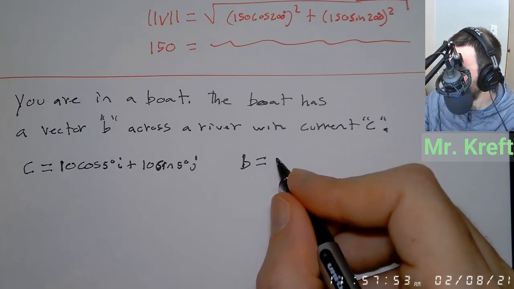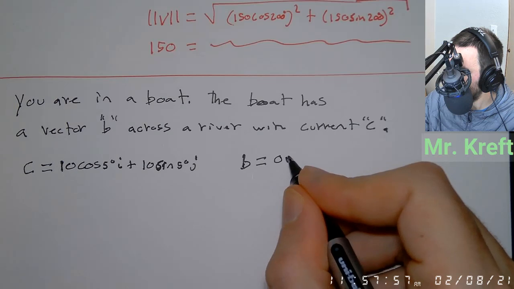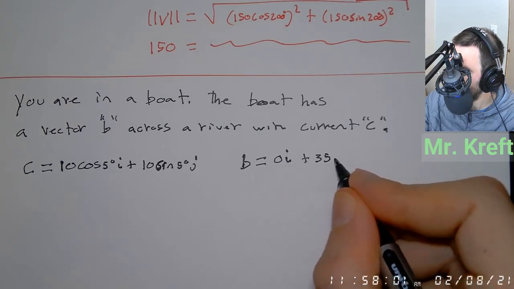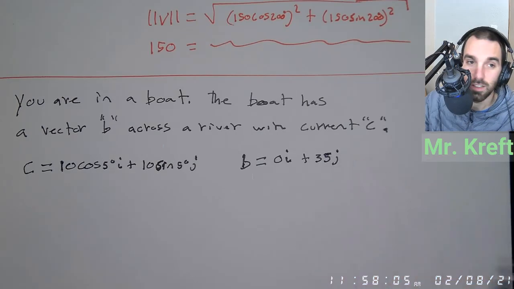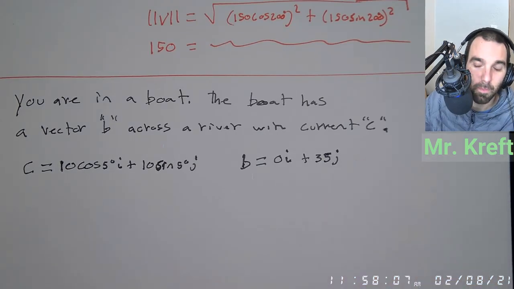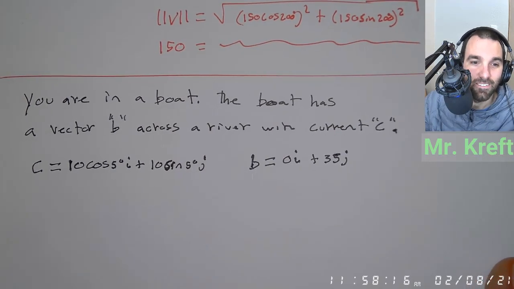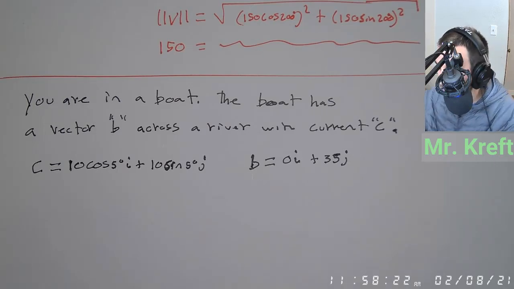So let's say the boat is going 0 I plus 35 J. Now, okay. Yeah, I think I'm okay with this.